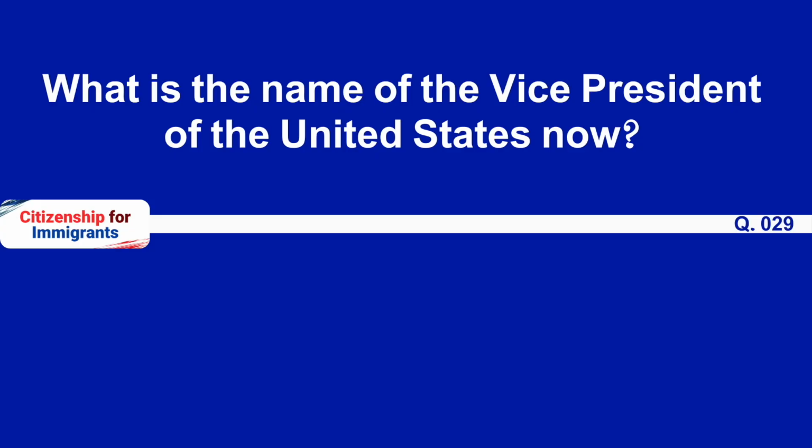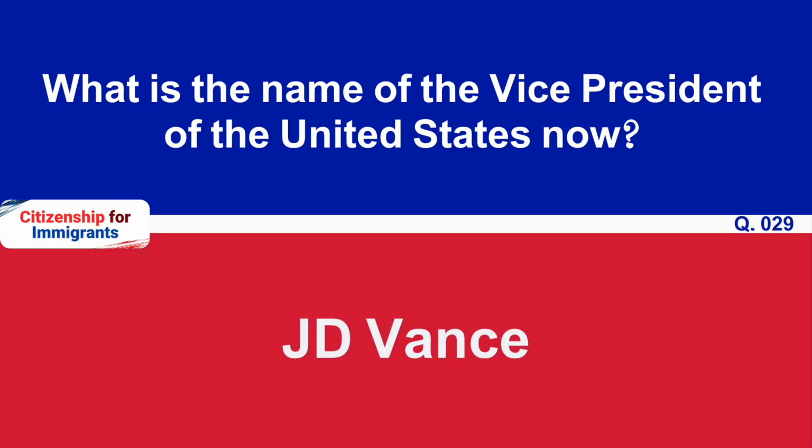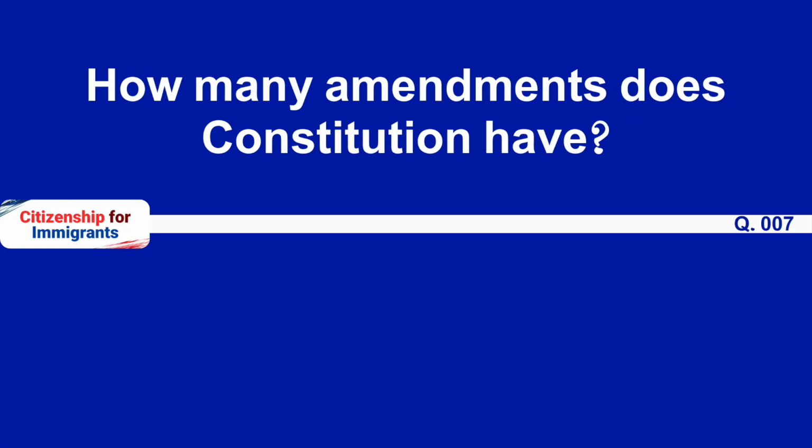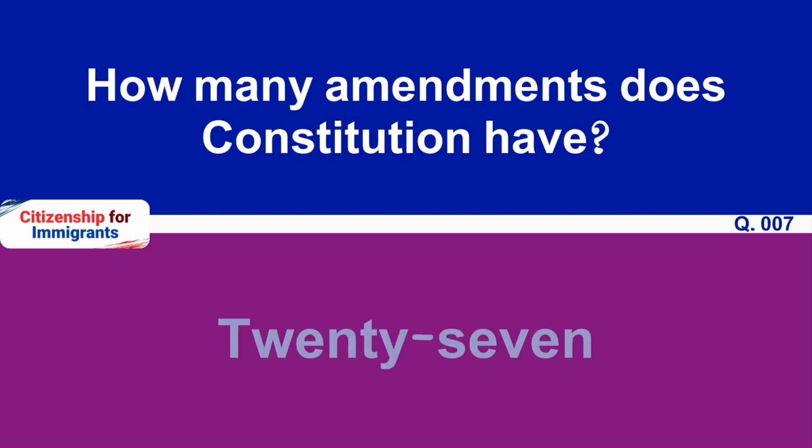What is the name of the Vice President of the United States now? J.D. Vance. How many amendments does the Constitution have? 27.